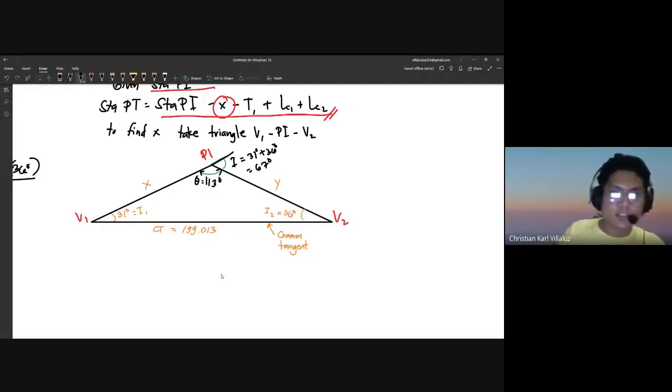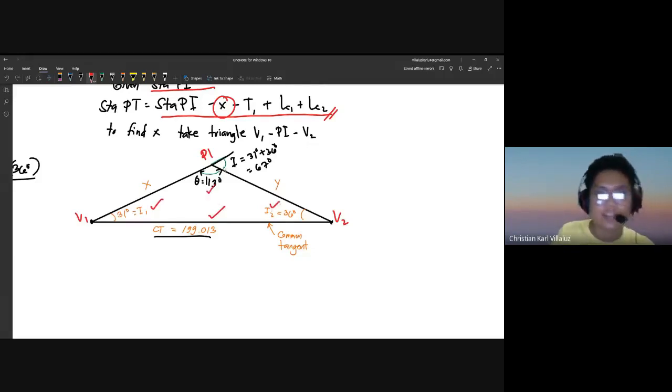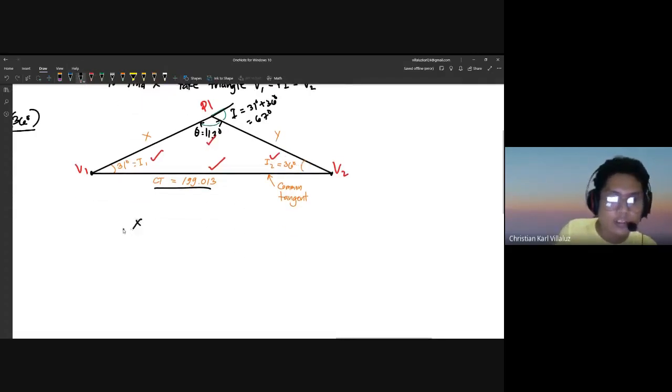So, yung common tangent na hanap na natin, yan yung distance galing sa vertex 1 and vertex 2. So, halos kompleto na naman na yung given dito. Meron ka ng distance nung length dito sa side na to, angle dyan. So, lahat ng interior angles dito sa triangle na to, halos given. All we need to do is apply law of sine.